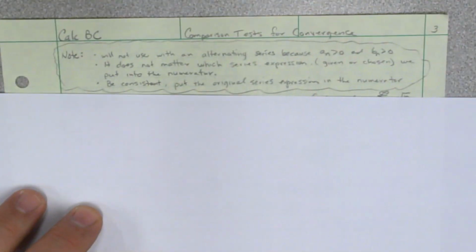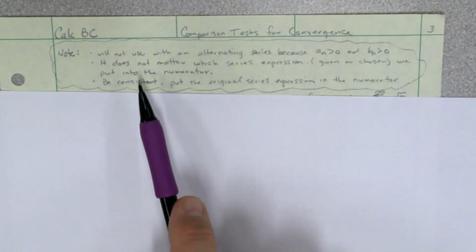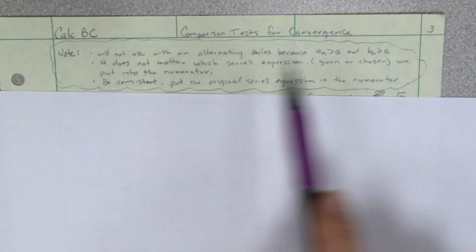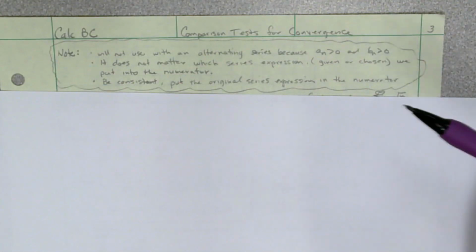Let's take a look. Here's our little note for this. We will not use an alternating series, because those two values here have to be greater than 0. So we're not going to use this with an alternating series. That has its own special techniques.